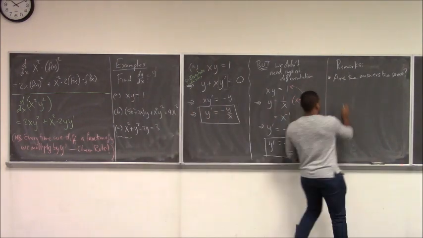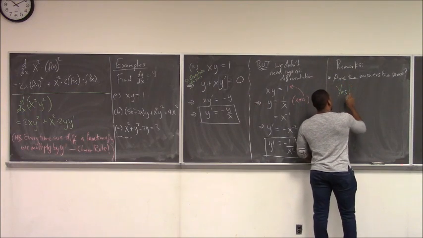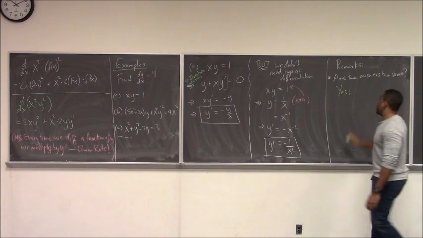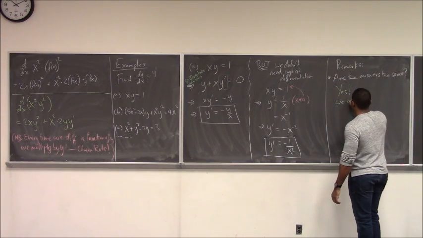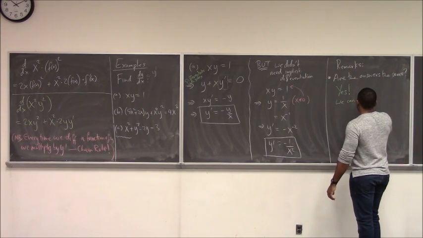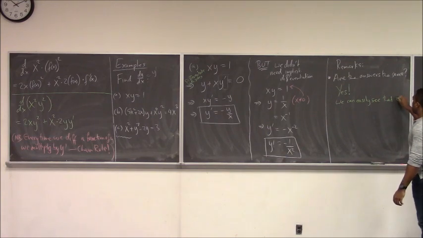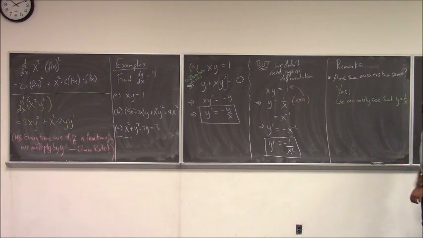Well, it turns out the answer is yes. These are the same thing. And here's how you'd be able to see this. We know that y is equal to 1 over x here.